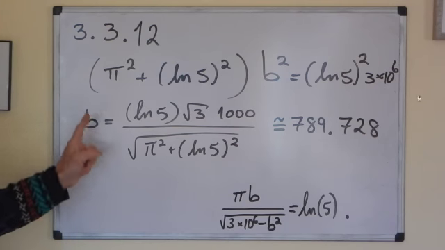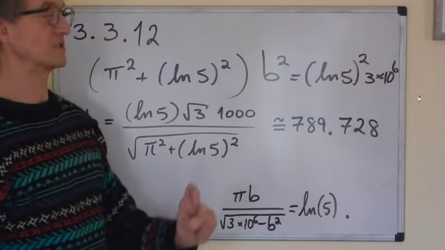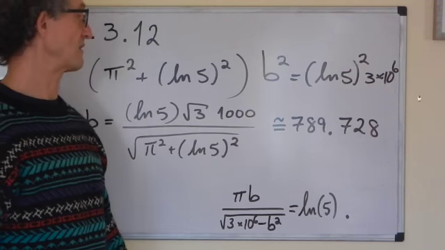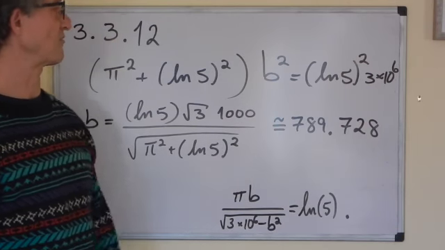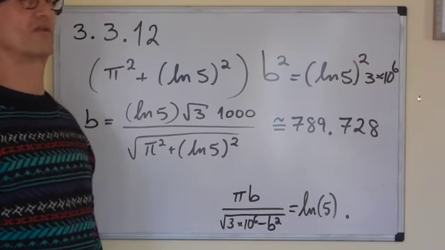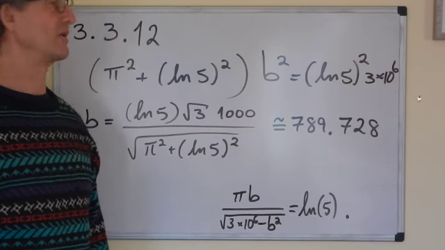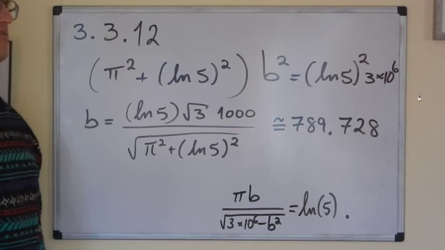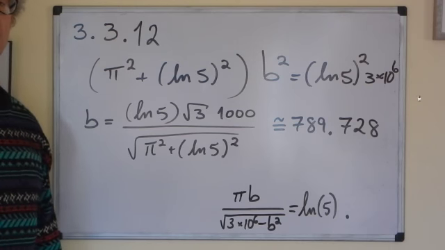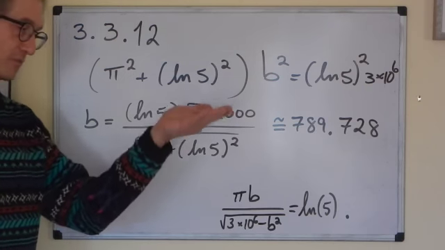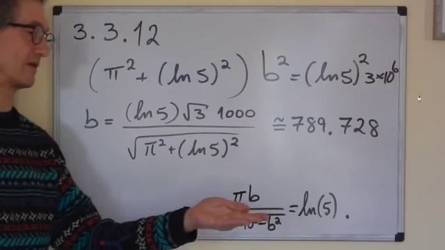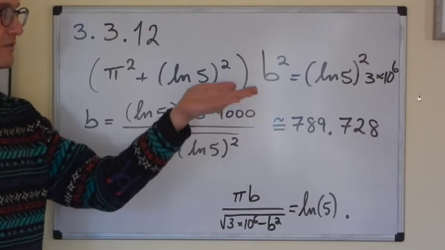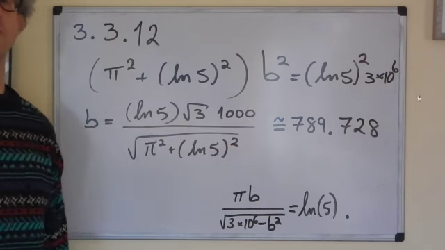We have this expression exactly, and just to give ourselves some sense of that, this turned out to be 789.728 rounded to 3 decimal places, and that's the damping we need so that the car dips down to minus half a meter, and then there'll be some oscillation, but it will not dip down any further.